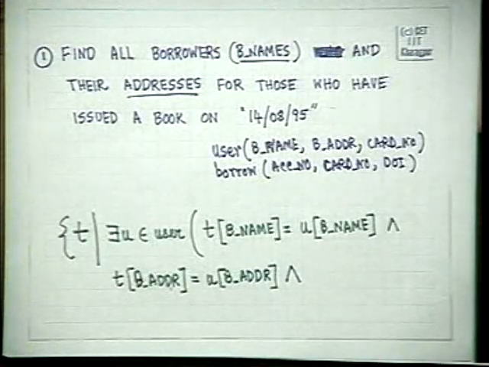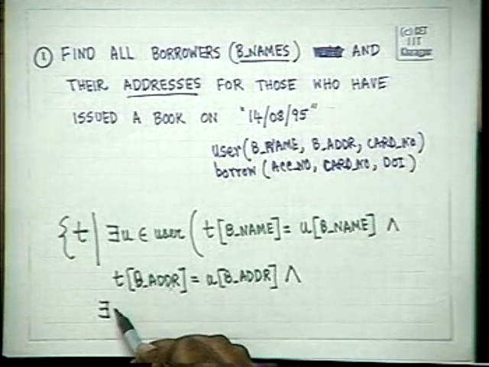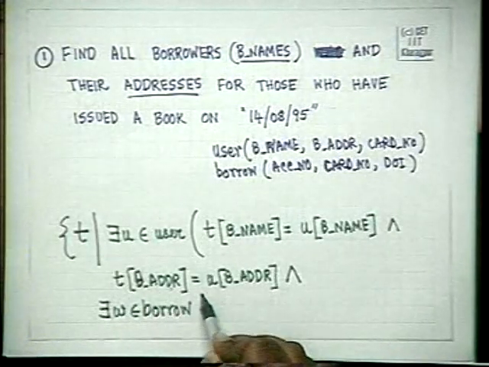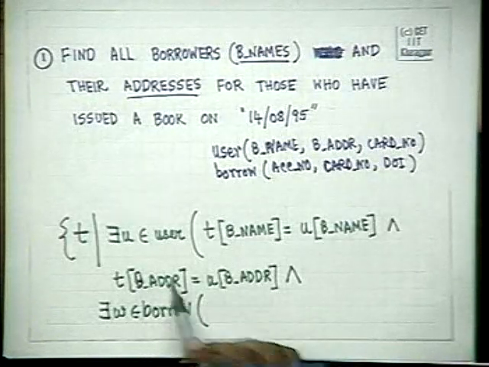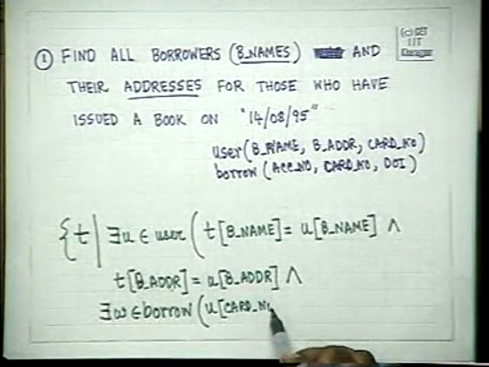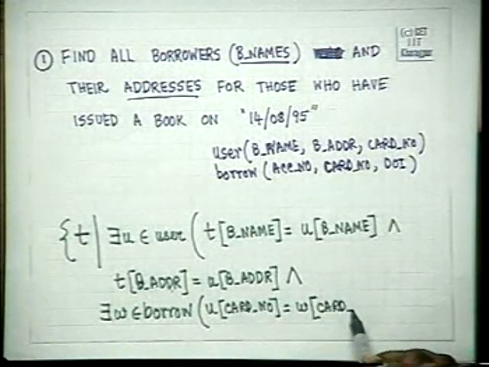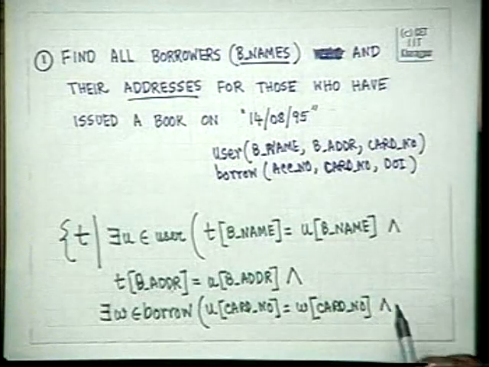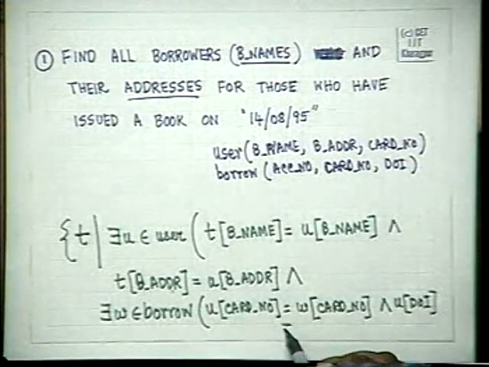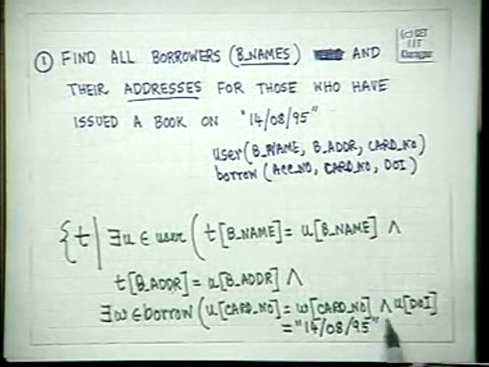And what else must be true? And there must exist another tuple W element of borrow such that U card number is equal to W card number and U date of issue is equal to W date of issue.